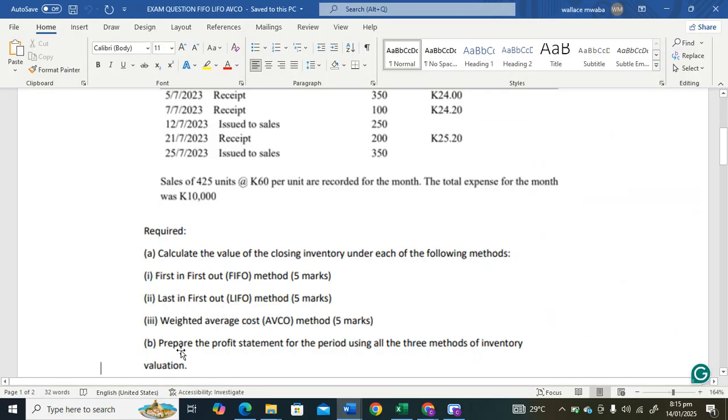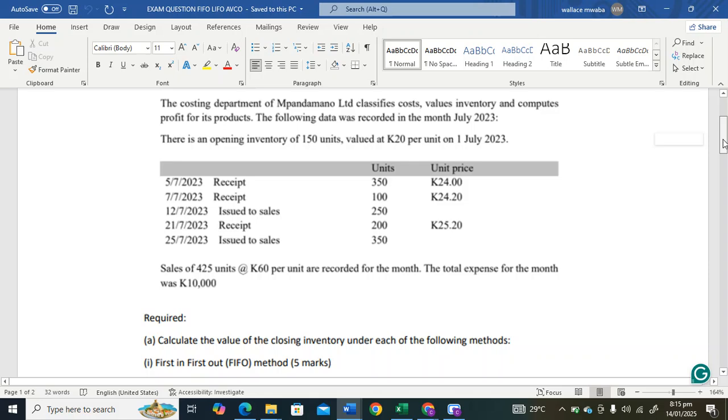Then part B says prepare the profit statement for the period using all three methods of inventory valuation. Okay, so we're going to start with the first in, first out.